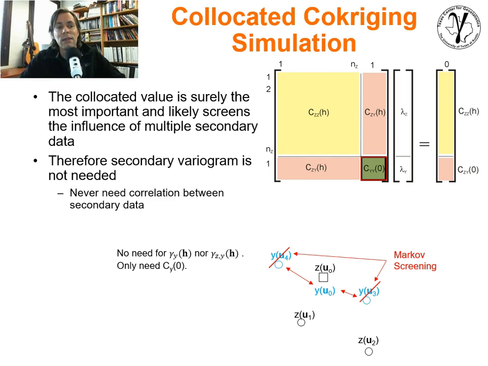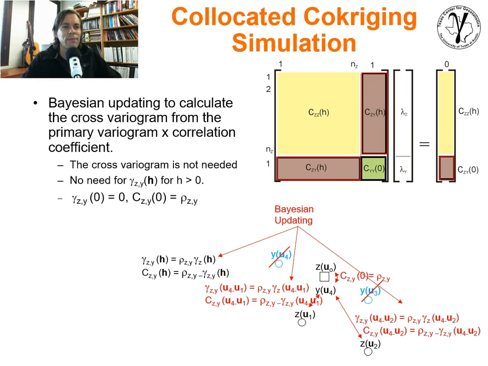By doing that, we get rid of the need to know the variogram of the secondary data. We only have one single secondary data, and in the matrix it's just this value right here. It's the covariance between the secondary data and itself, and that's just equal to the C(0). If you standardize the C(0) to be equal to 1, it's just 1. So that's super easy to do. That's the first part, the Markov screening part of the collocated cokriging approach.